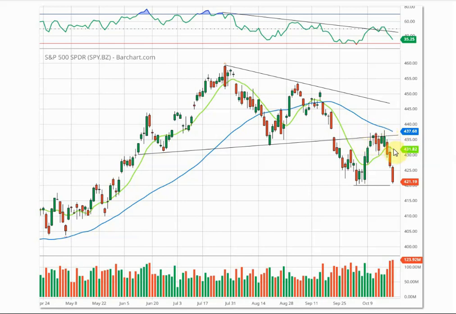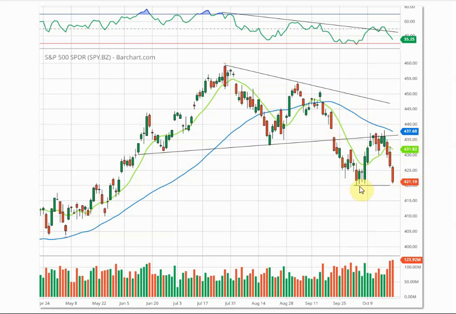So we've got it below the 50, below the 10, below resistance level. The RSI is down below the 50 level. We're in bearish territory. It found resistance at its downtrend line, and the stock also had some problems up here. So not a whole lot of good news here.